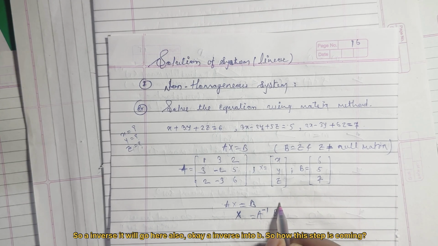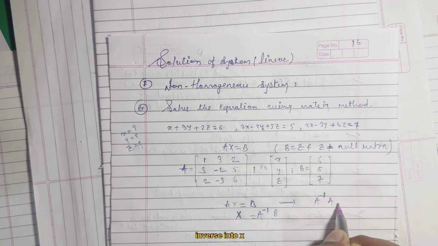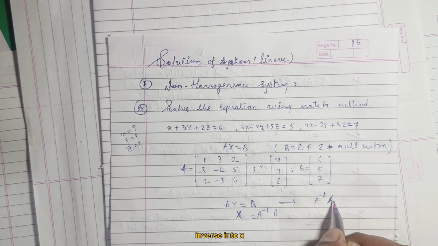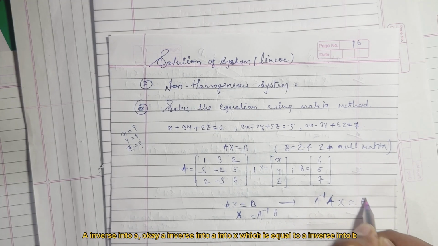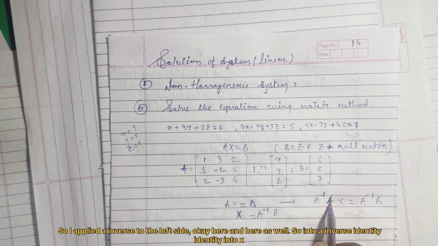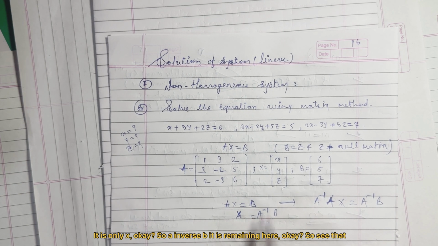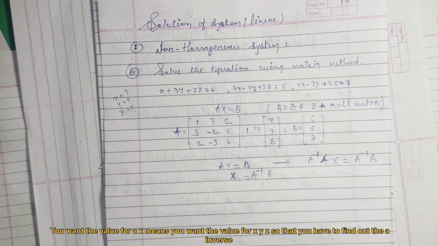So how is this step coming? You apply A inverse to AX, so A inverse into A into X equals A inverse into B. I applied A inverse on the left side, here on the left and here as well. So A inverse A is the identity, identity into X is only X, and A inverse B remains here.